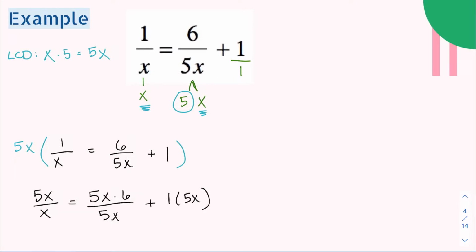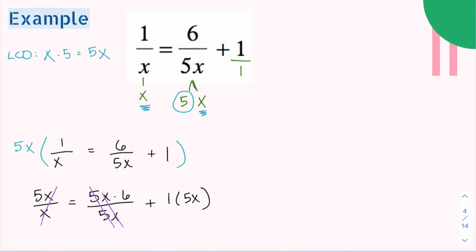And we can see in the first one, we have x over x, so those will cancel each other out. Second one, we have 5 over 5 and x over x. 5 divided by 5 is 1, x divided by x is 1. That's why it cancels, because it reduces to 1, and multiplying by 1 doesn't mean anything.